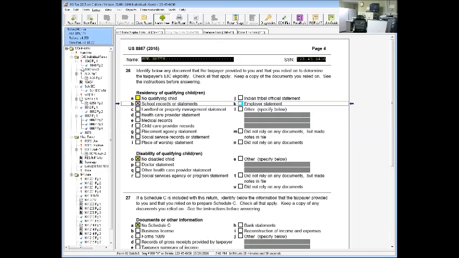Someone who is single, earned income of $28,855 with two children: 3281. And these all came from the Pub 17 earned income credit tax tables, right? All you have to do is look at the chart, put in the income, and it tells you how much the EIC is.